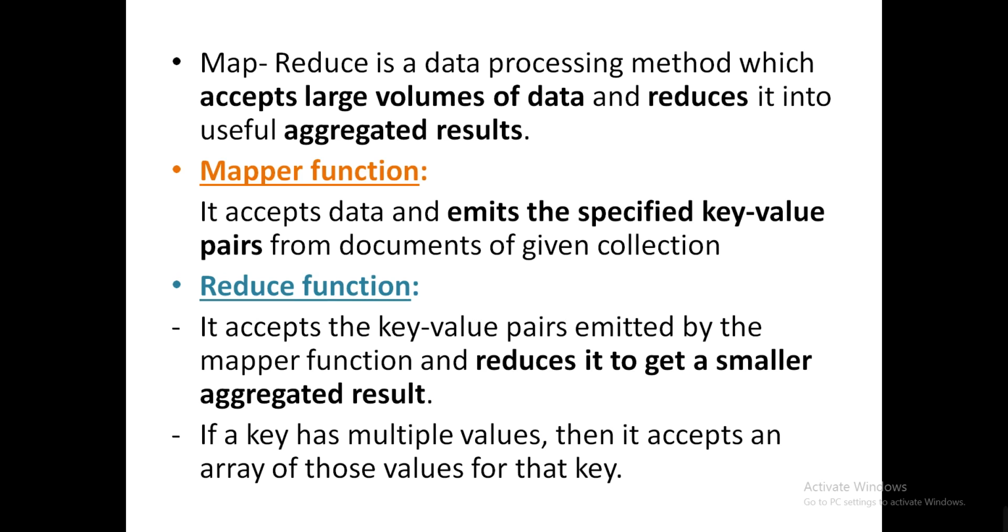So in that case, when the mapper function emits the key value pairs, the multiple values that we have for a specific key will be stored as an array for that particular key. So as a value for that key, we will have an array of the values having that specific key.